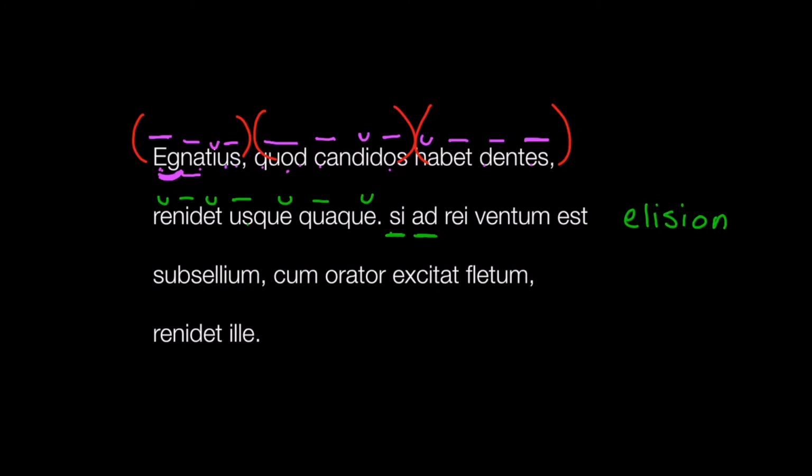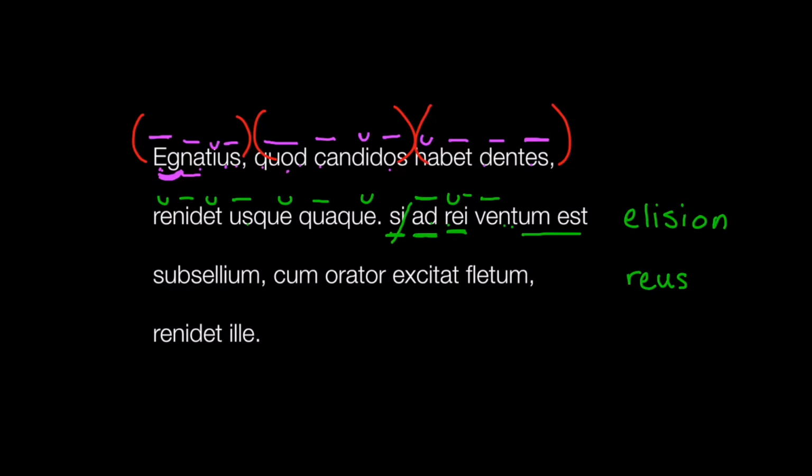That first one is going to elide, and then we just have to figure out the quantity of this syllable. We've got the D and the R, so long. Now this is the genitive singular of the word reus, defendant. And so this is short, long. And now the next syllable is long because of the N and the T.